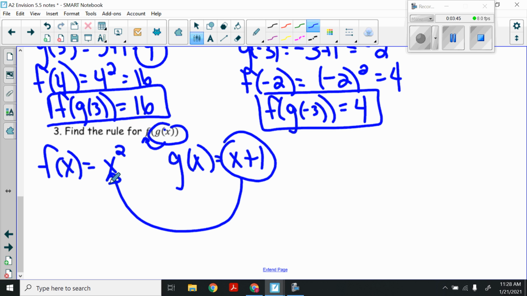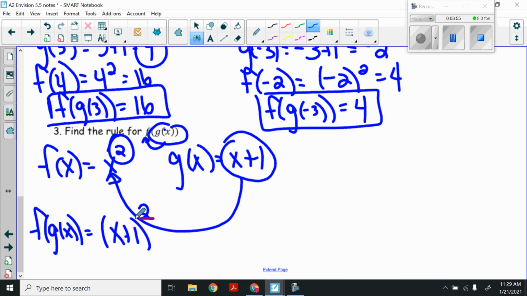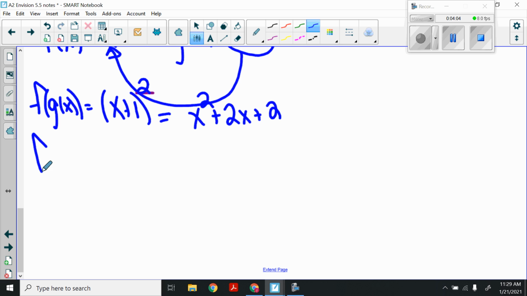So I have f of g of x is equal to, instead of x, I'm going to plug in all of x plus 1. And then it said square it. So what do I get when I square all of that? Okay, use my little shortcut, x squared plus 2x plus 2. So I could say f of g of x equals x squared plus 2x plus 2.